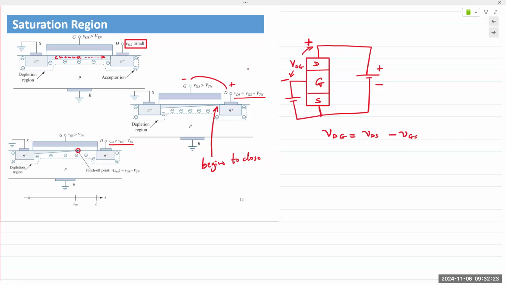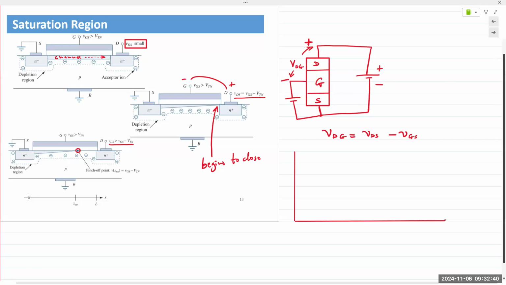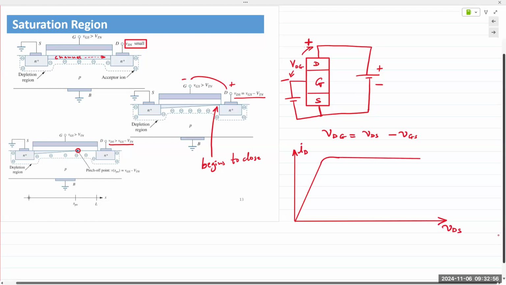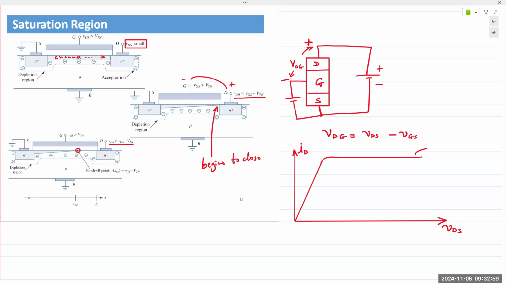And when this pinch off occurs, similar to the JFET, we would expect the current to go to 0, but it doesn't. What happens is this, for some high level value of VGS greater than 0.